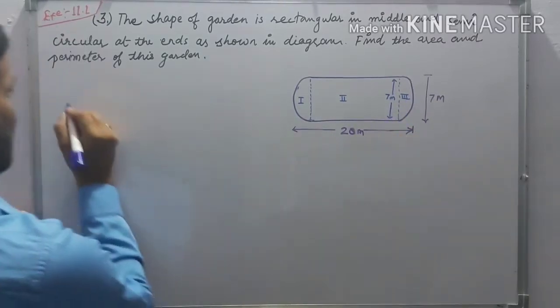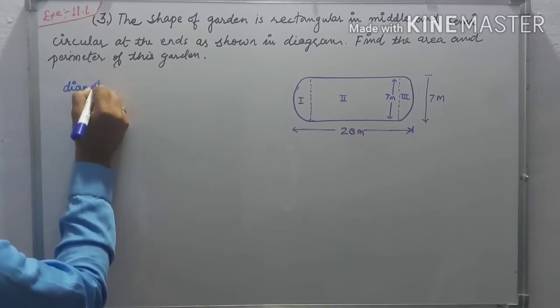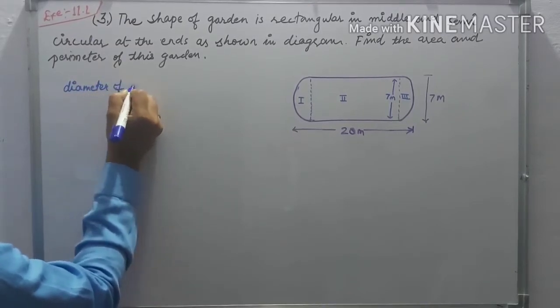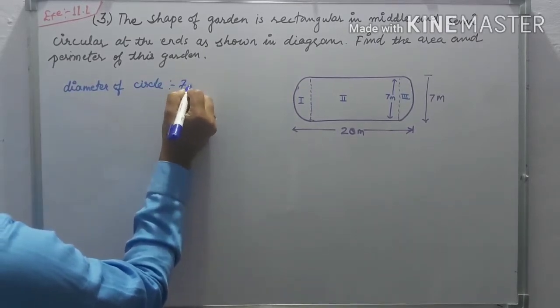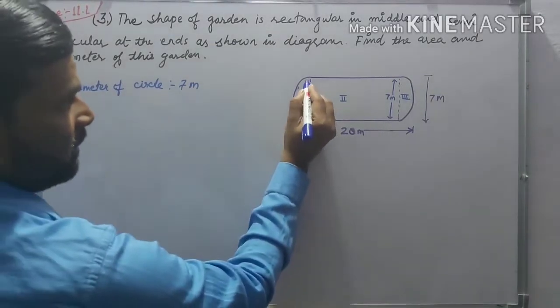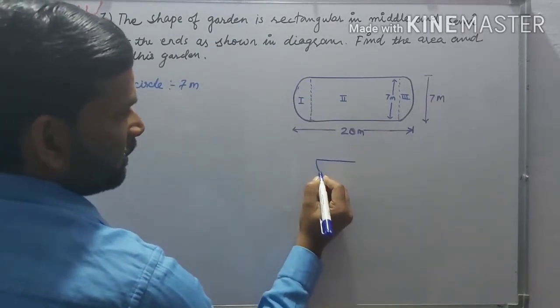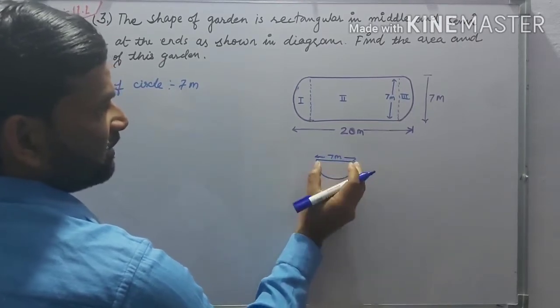It means the diameter of the circle is 7 meter. Okay, this is the diameter. For this semicircle, the distance is 7 meter.